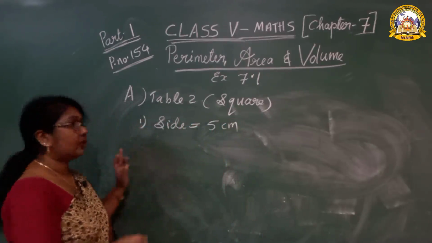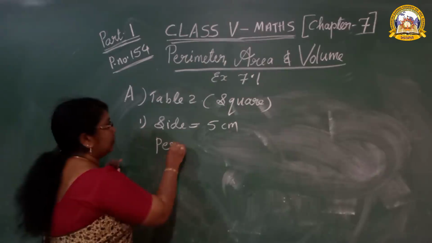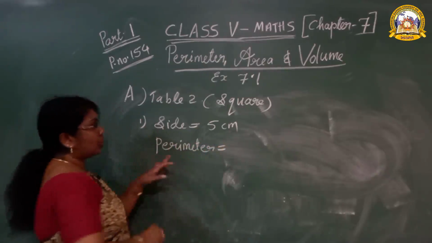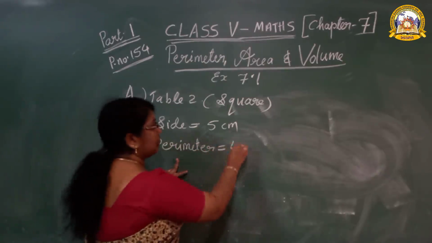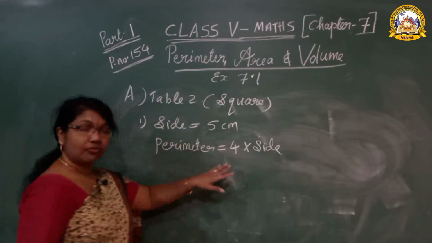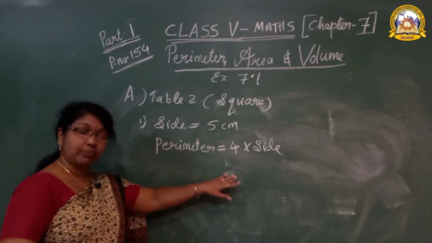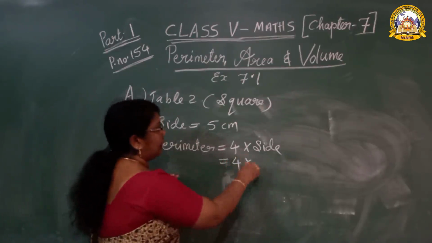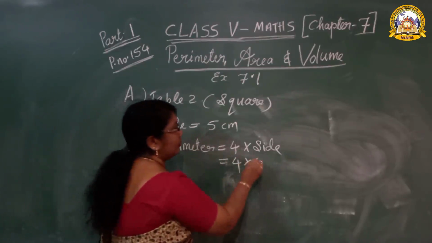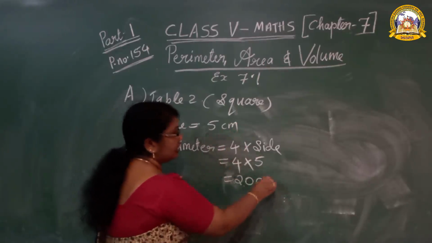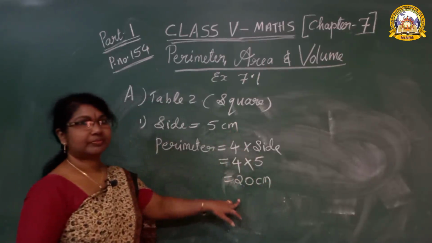What do we have to find out? We have to find out the perimeter. Don't forget to write the formula. Perimeter of square. What is the formula? 4 multiplied by side. Always in all problems you have to write the formula. 4 multiplied by, what is one side? 5. 4 5s are 20. What is the unit? Centimeter.